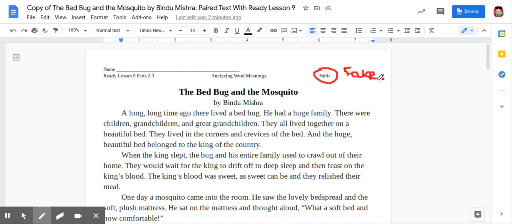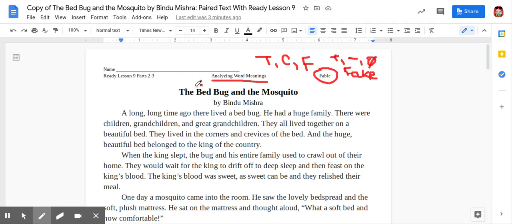And typically a fable's audience is usually children, because you're trying to teach them a certain moral for the culture that the story represents. Also, it tells us that we're analyzing word meanings, and that goes back into knowing if it's technical, connotative, or figurative, and also what our tone is going to be: positive, negative, or neutral.